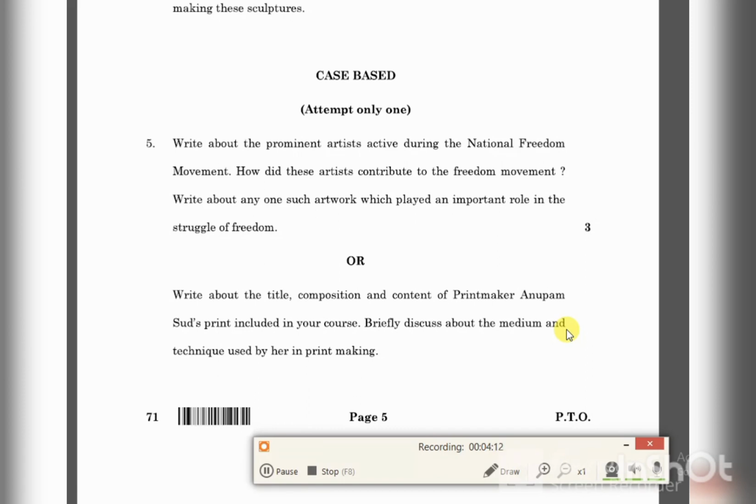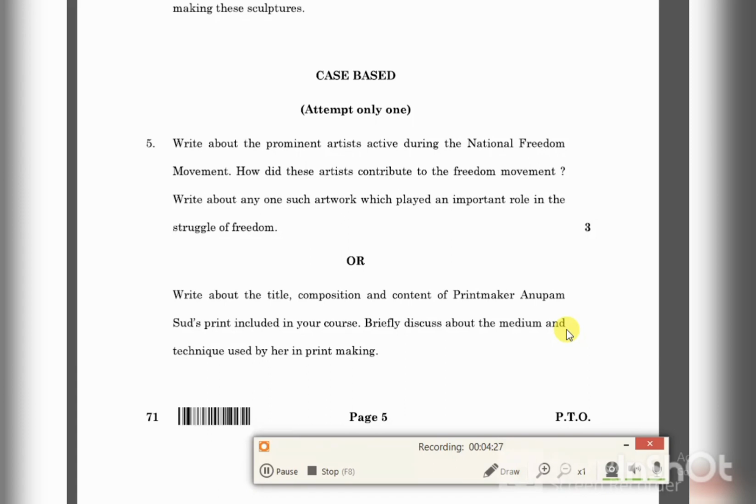So these artists, firstly Bharat Mata, which is a very famous painting, was made by Abanindranath Tagore, and this painting was recreated by many artists whose name I mentioned.